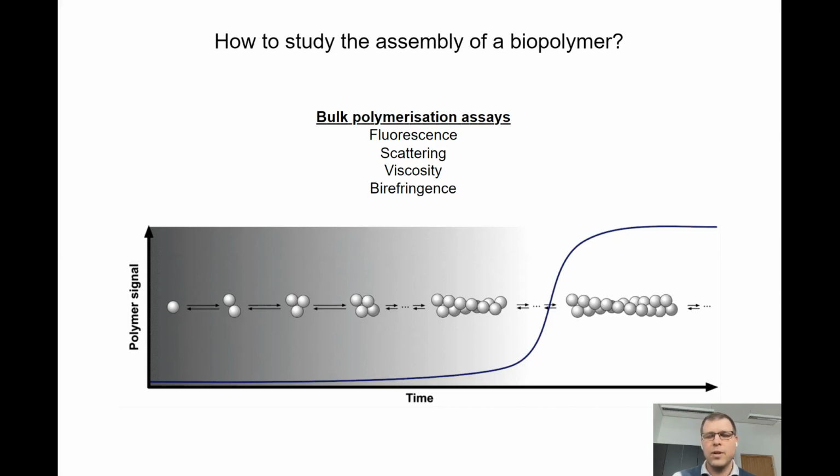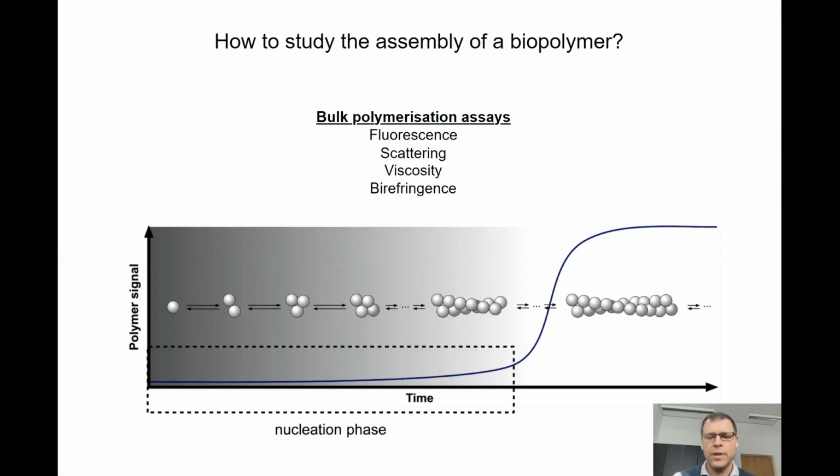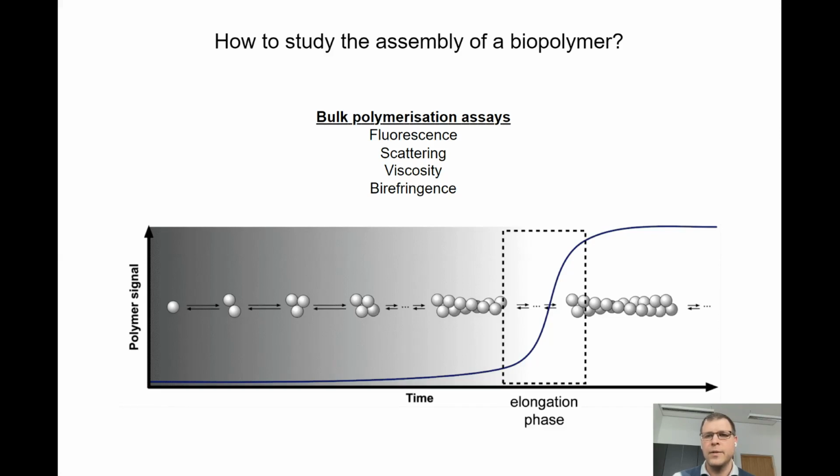And this polymerization signal can usually be subdivided into three different phases. The first one is called the nucleation phase, where the line stays mostly flat. This is where the polymerization is usually started.